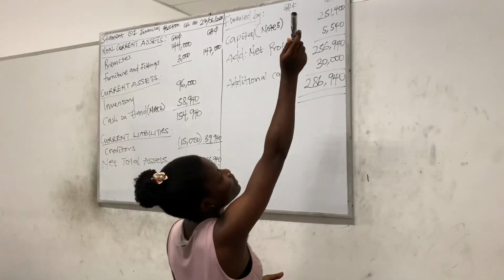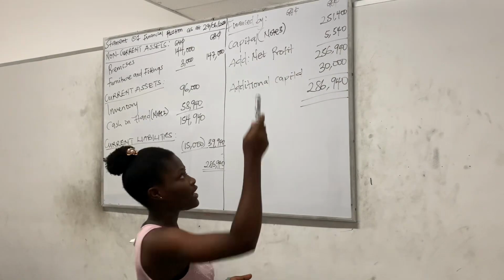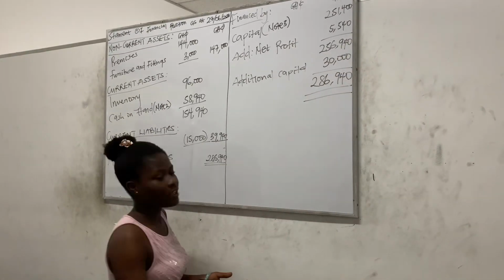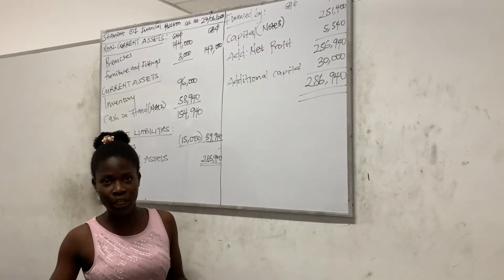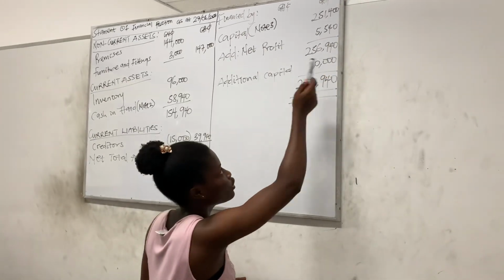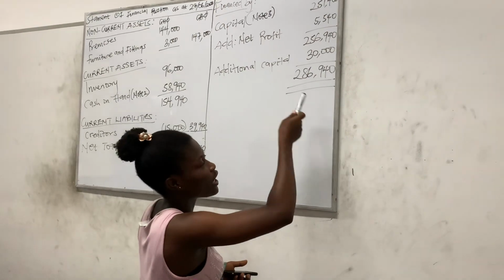So it was 251,400. Then you add the net profit, that's 5,540. And in the question we had some additional capital that the man introduced into the business, that's the 30,000. So we added all, then we got the 286,940.